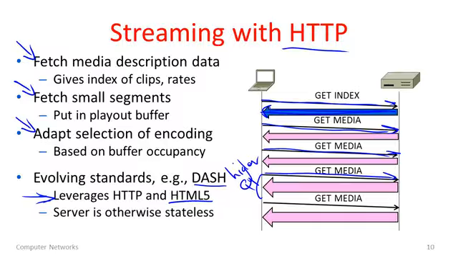This is also quite good on the server end. So this is the server, and this is the client. It's quite good on the server end too, because the server is really just another HTTP server, another web server. It's not maintaining call state for the client. This client is really just pulling the bits of video it needs. This makes it quite easy if the client, for instance, wants to skip around to the other end of the video.